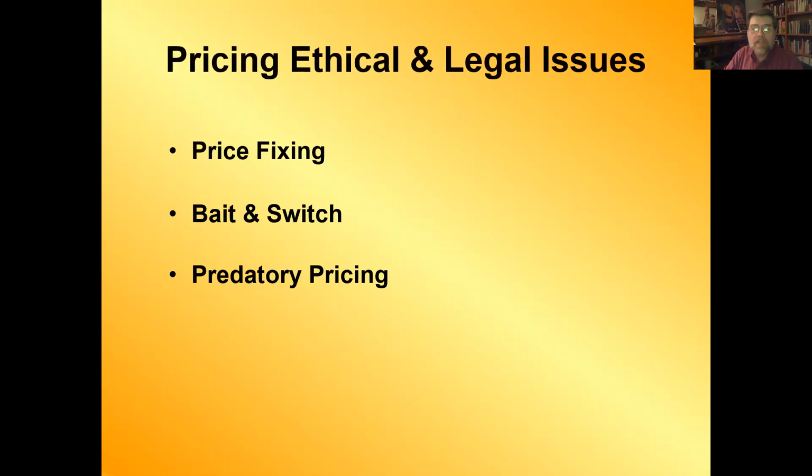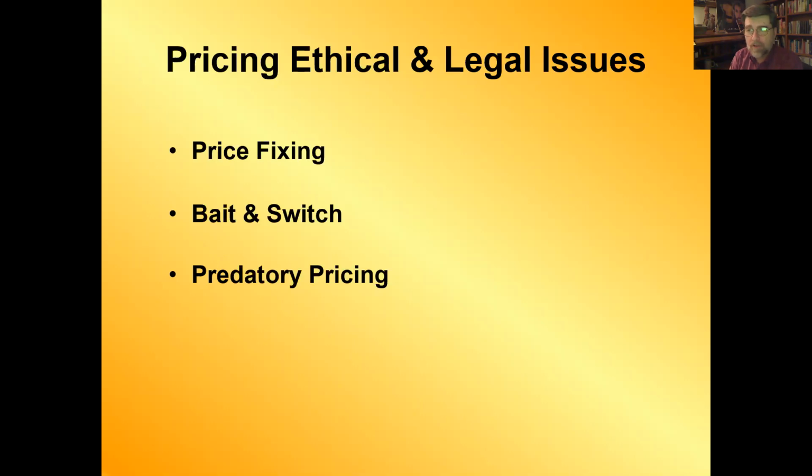There are some other issues. There is price fixing. These are ethical and legal issues. Price fixing is an antitrust violation. It's when you and your competitor agree to not go below a certain price. We like competition.